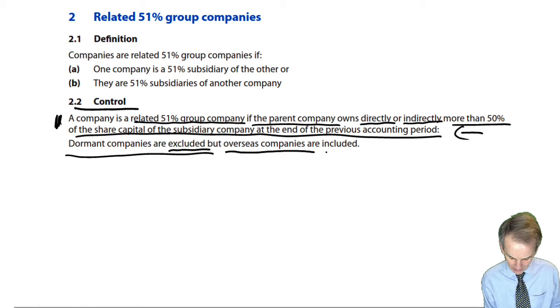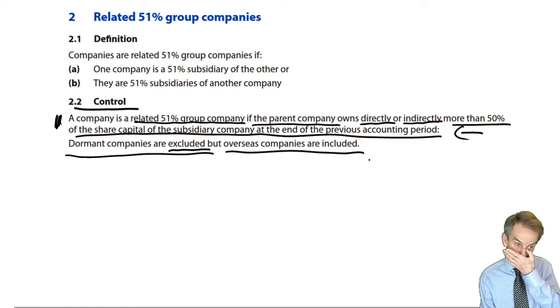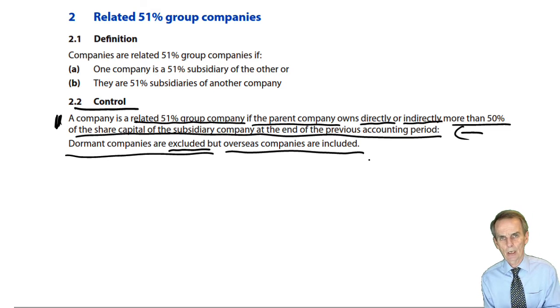But overseas companies are included. Now that's an odd one. If it's an overseas company, i.e. it is non-UK resident, it's not going to have a UK corporate tax computation. Its profits are not going to be subjected to UK tax, not so far as our syllabus and our rules are concerned anyway.